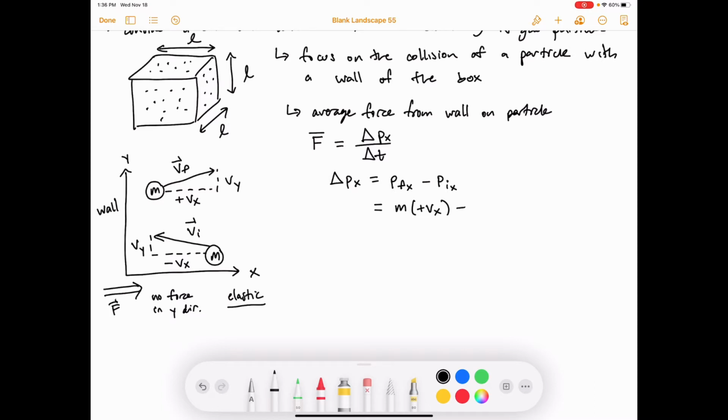And then we subtract the initial momentum along the x-axis, which is the mass of the particle times the velocity initial, which is minus Vx. So this is just 2 times m times Vx. Okay, so that takes care of delta px. What about delta t? What's the time interval? Well, we're going to let delta t be the time between collisions with the wall.